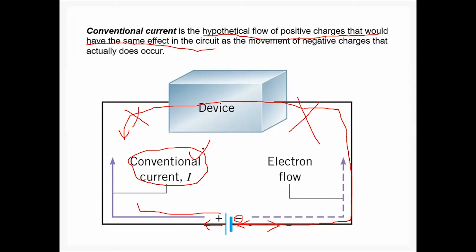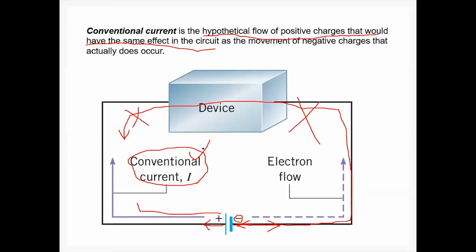So in the beginning, that's what scientists would think. But later they found out that it's not the positive charge that moves, it's the electron that moves. But they didn't want to change the book, so they call it conventional current now.